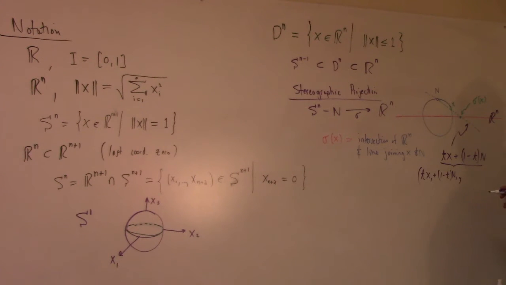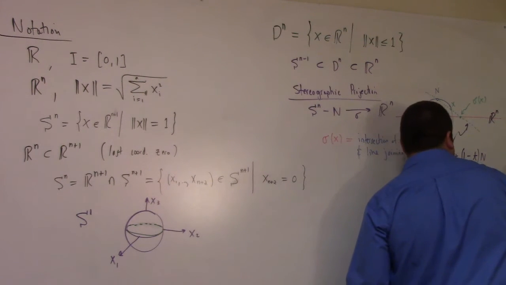So it's tx2, all the way to txn, and then the n plus 1th coordinate is tx(n+1) plus 1 minus t.